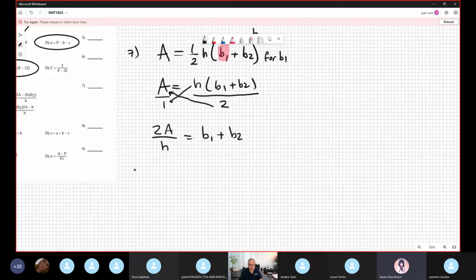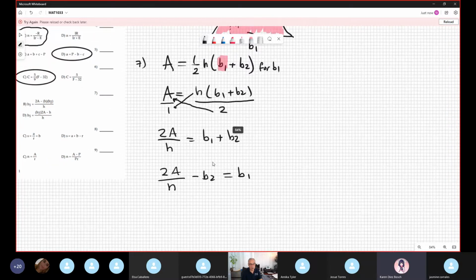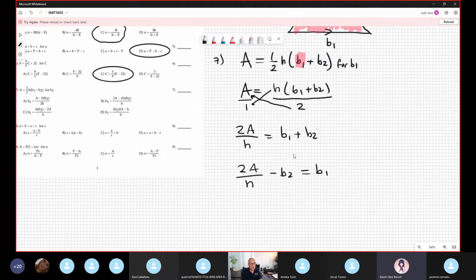Okay, finally, my goal is b1, so 2A over h minus b2, correct? Equal b1. However, when I go to the choices, I don't see any choice similar to this. The reason is because the student or the teacher doing this problem put it together like one common denominator.